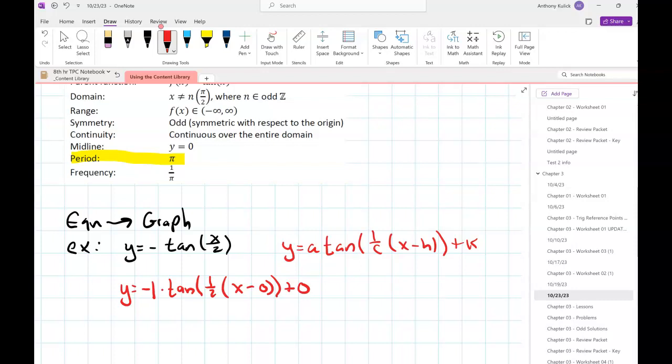Is everybody okay with how I've taken my original equation there in black and written it in an equivalent version in red? So my A, C, H, and K are negative 1, 1/2, 0, and 0.